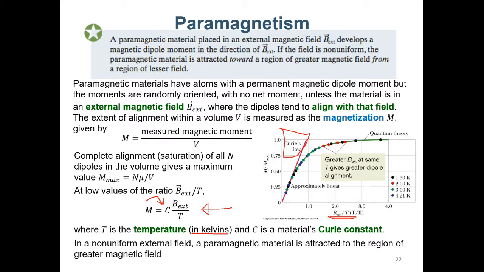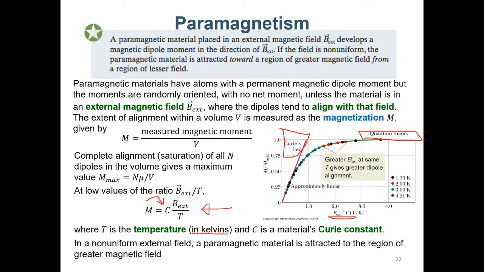If the external B field is large enough, then it will try to saturate. And this is related to quantum theory as mentioned in this textbook, but I don't know what it really is. It is something called the measured magnetic moment over the volume.